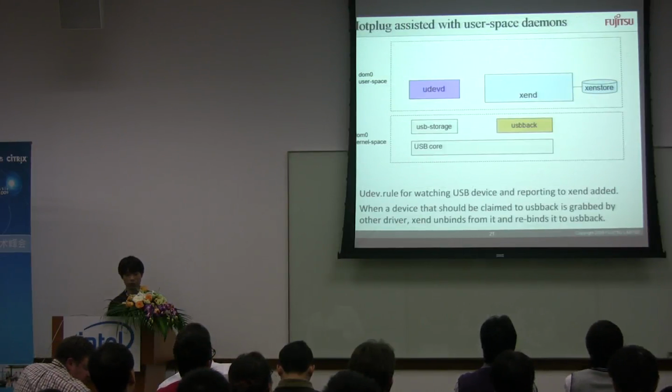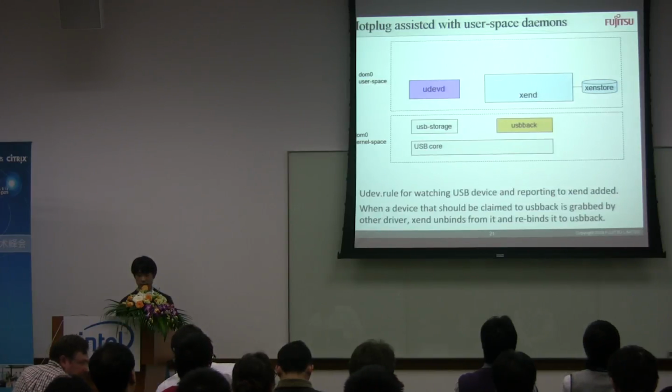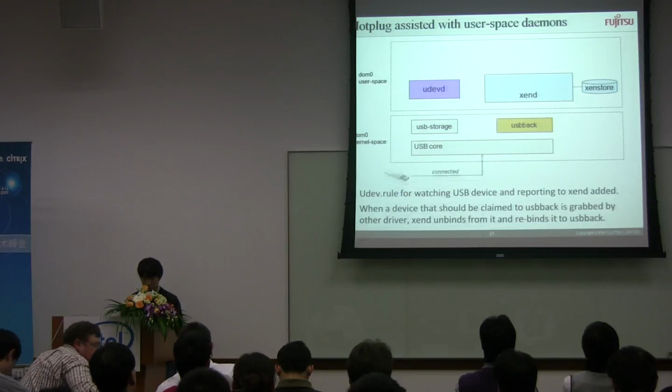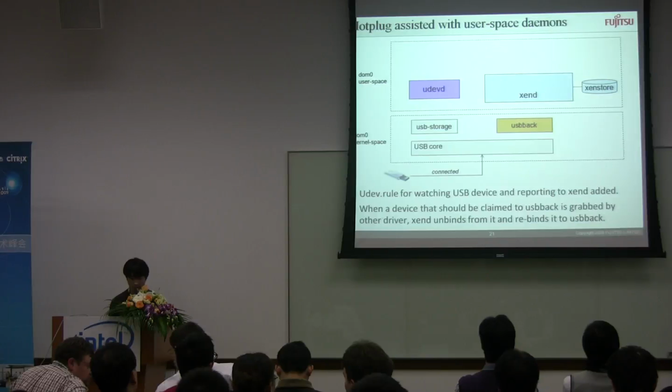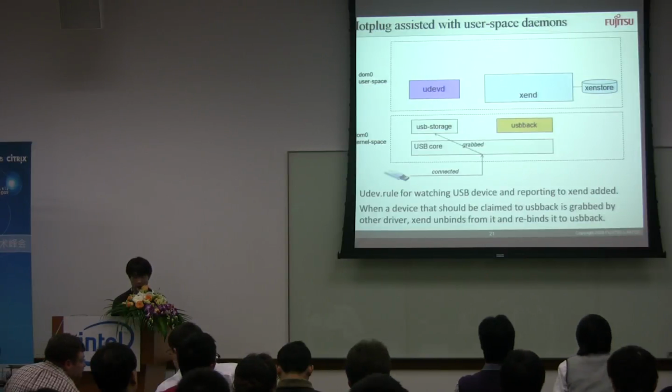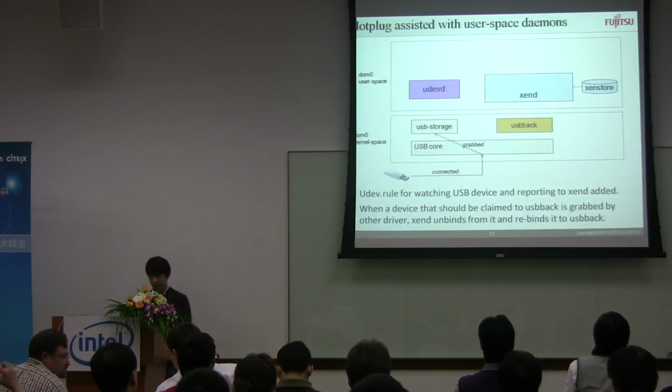Next is the solution for real hotplug. Assistance from the UDEV daemon and Xend is necessary for hotplug. When you connect a USB device, it should be claimed by USB back. Sometimes the device is grabbed by another driver, for example USB storage.